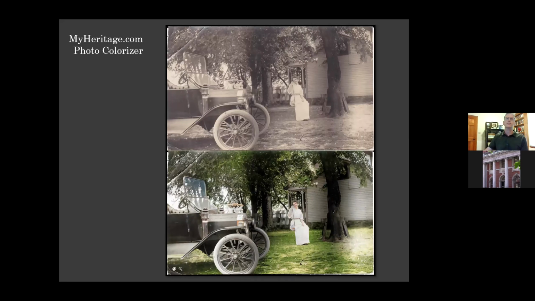And this is an example of that. So this is a photo of a great great aunt of mine who was the first woman driver in Benton County, Indiana, back about 1910, and that's her father's car.